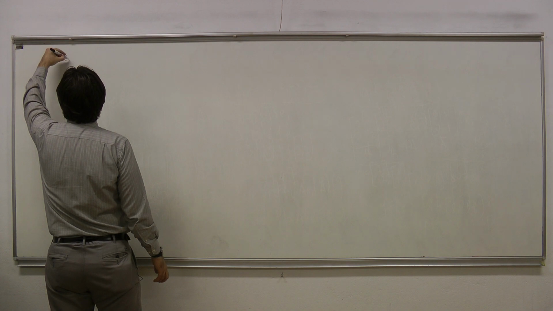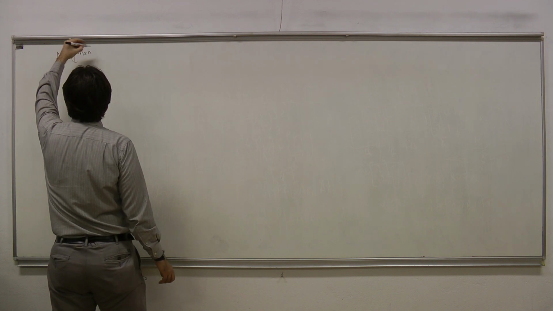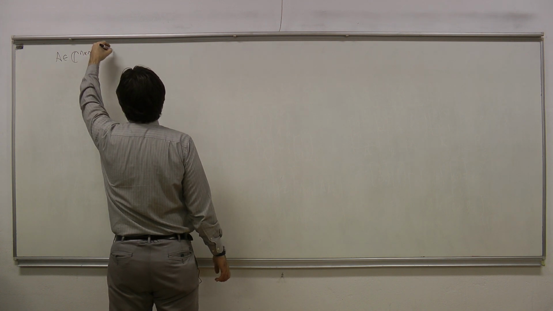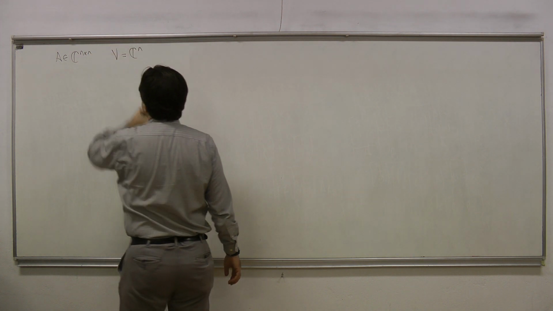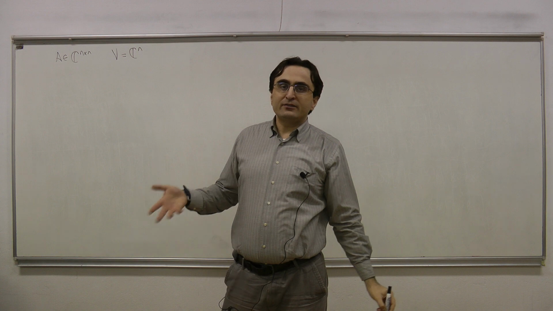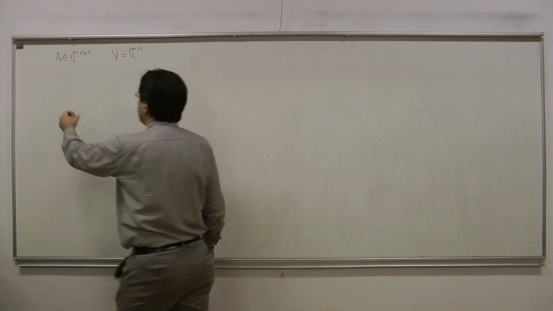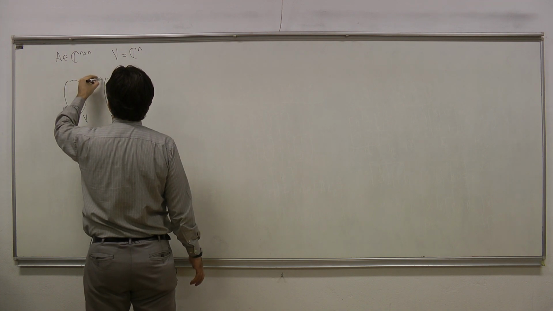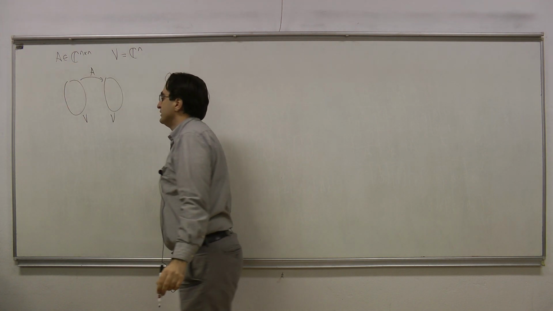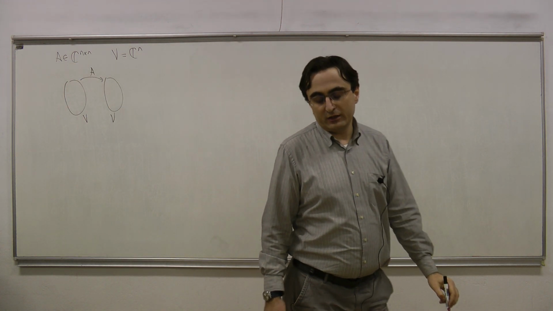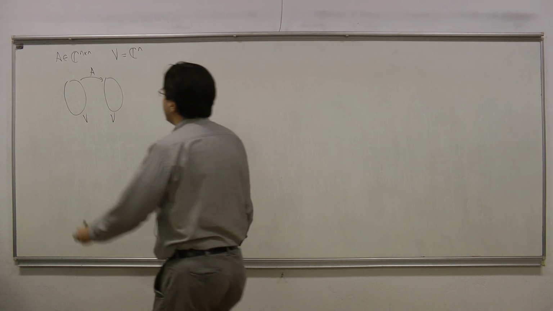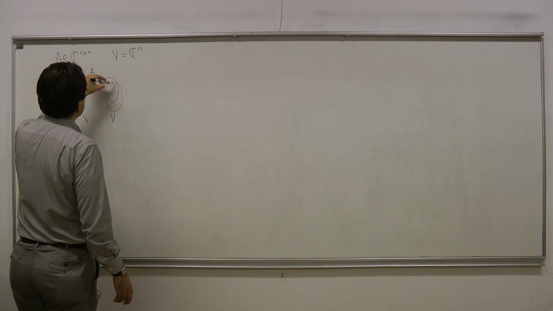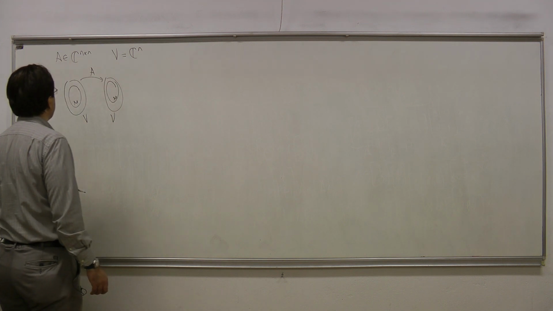If I have a matrix A which is in C^(n×n), and suppose that I have also the space V equal to C^n. In this case, A is a linear transformation from V into V. Suppose that I have a subspace M of V, and this is both in the domain and the codomain.